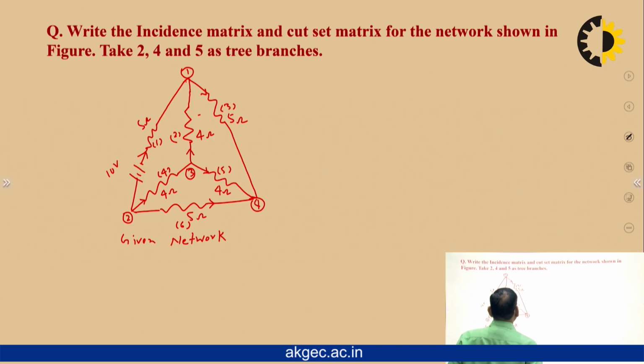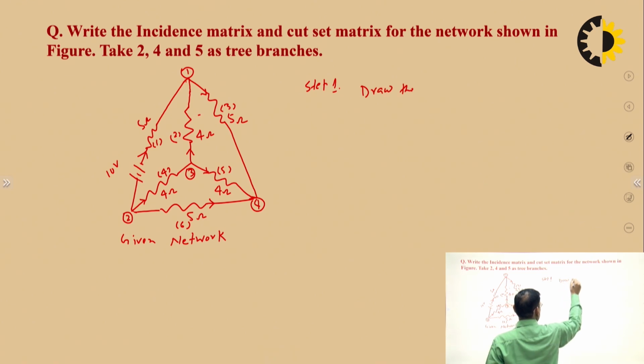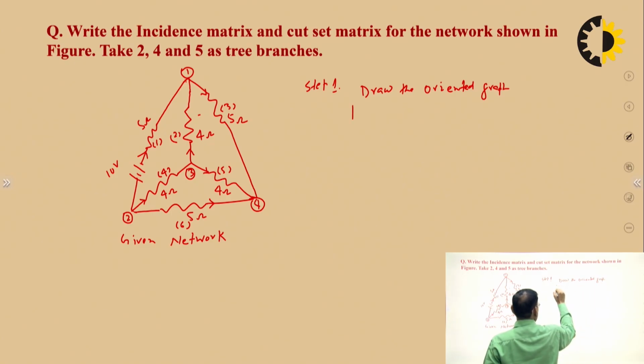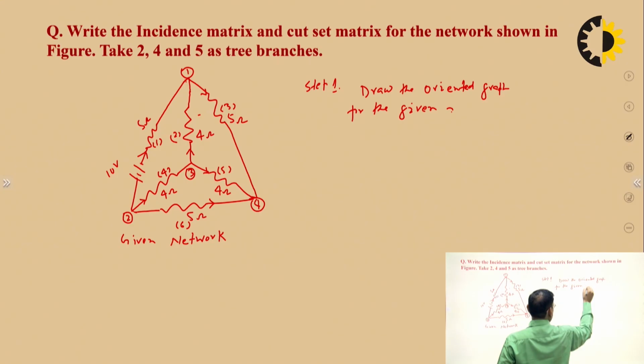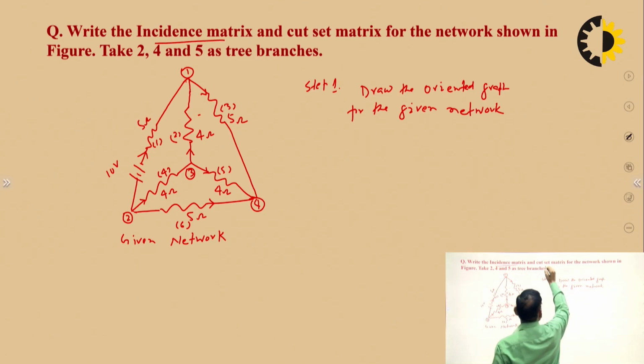So the first step, step 1: draw the oriented graph for the given network, because you are required to write the incidence matrix and cut-set matrix.